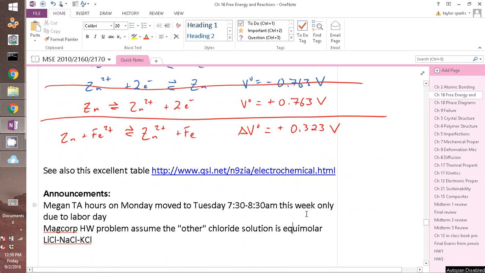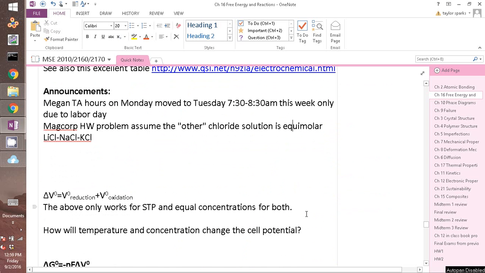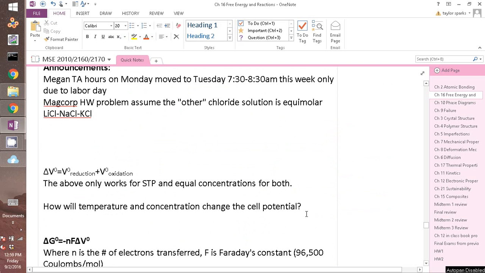So that's a start. It gets a little more complicated, right? That only works for standard temperature and pressure, and if you had equal concentrations of the ions in solution. But those things don't have to be the same. They can be different. Just like in a chemical reaction, you could have a gas being produced on each side, and you could say, okay, at standard temperature and pressure and equal partial pressures on either side, what will it be? Right?